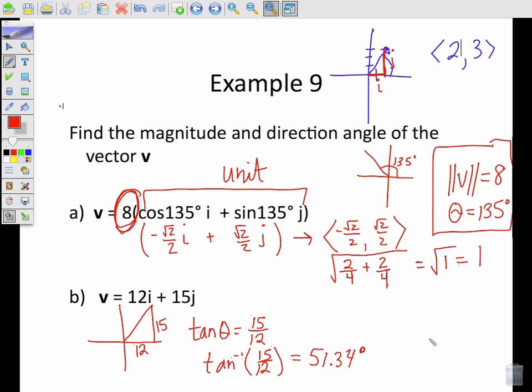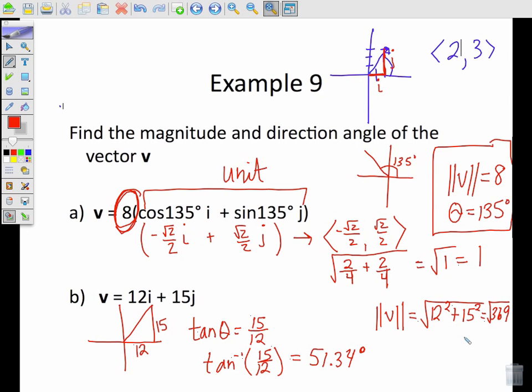Now, in order for me to find the magnitude, v would equal the square root of, and component form is 12, 15, so it's the square root of 12 squared plus 15 squared, which is equal to the square root of 144 plus 225, which is 369.